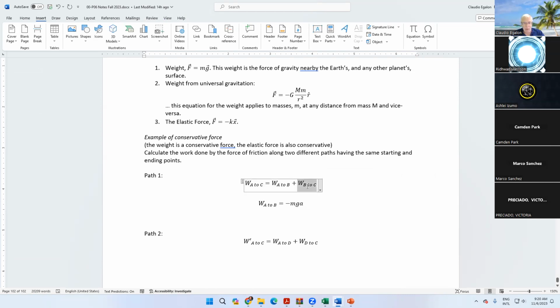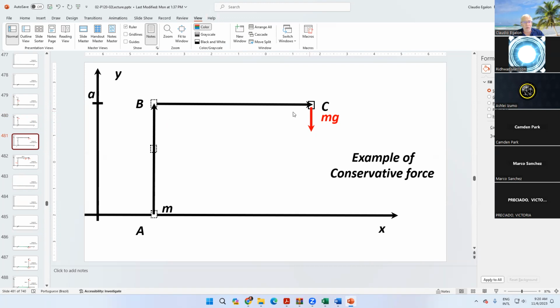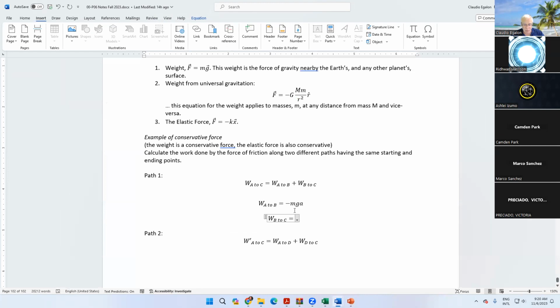Okay, and now we have to do the work from B to C. Going back. Note that the displacement is perpendicular to the force. Consequently, the work from B to C is going to be equal to 0.